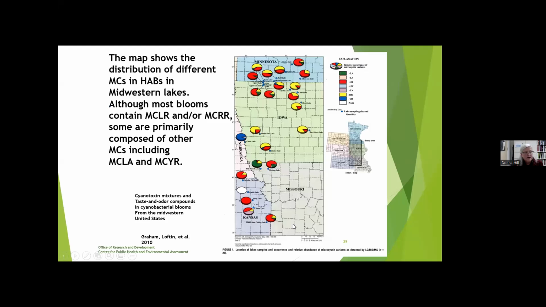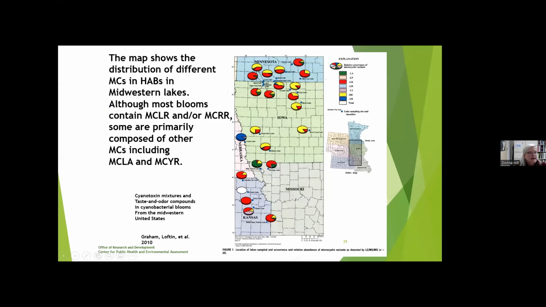We've also spent quite a bit of time looking at microcystins, and this we've used a lot. It's such a useful study, but this is looking at different microcystin varieties. I call them congeners in the Midwest states. And you see a lot of representation of red and yellow. The red is microcystin LR, the yellow is microcystin RR.